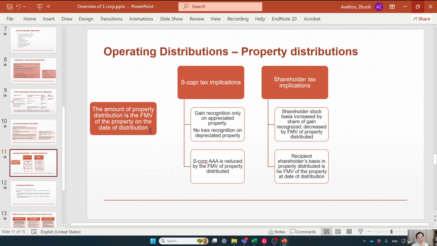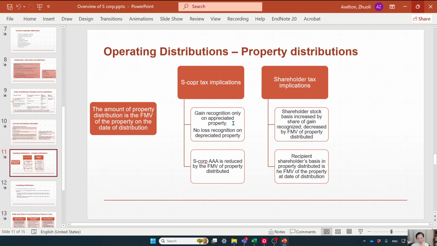Plus, you have to consider any liability associated with the property. So if there's any debt relief on the property distribution, then that debt relief will reduce the fair market value of the property distributed. And from an S Corp perspective, whenever property is distributed, it's treated as a transfer of property, so any gain or loss recognition needs to be considered.